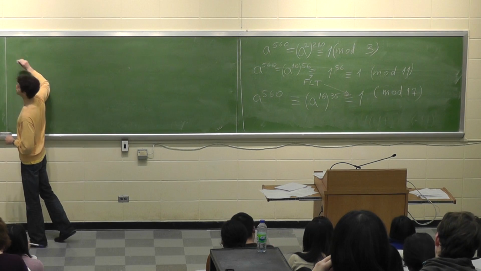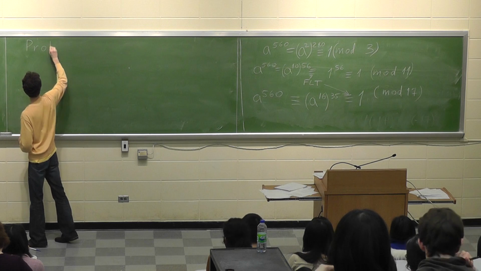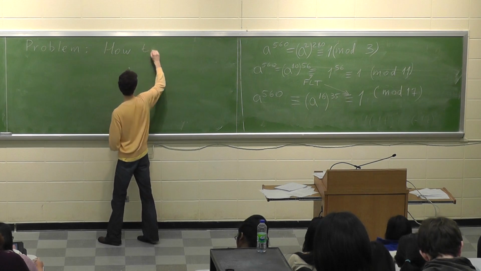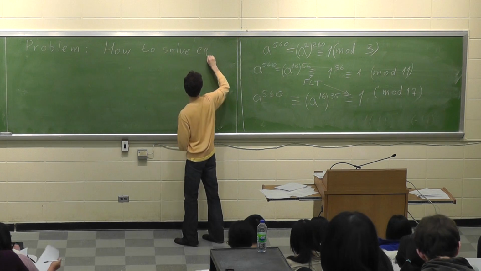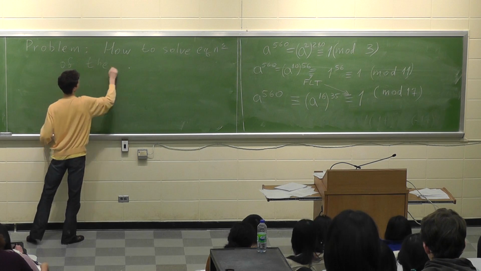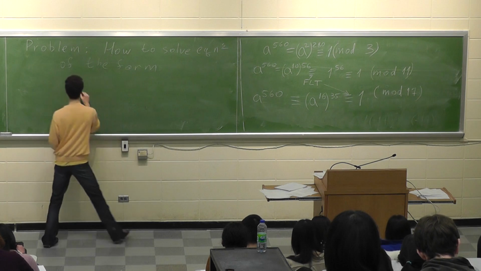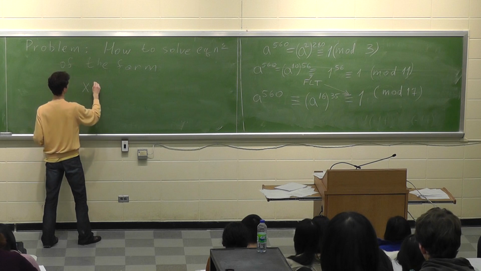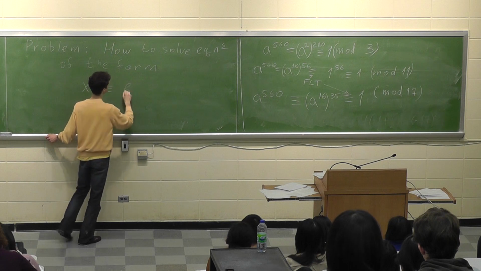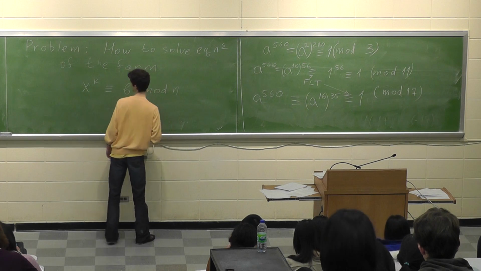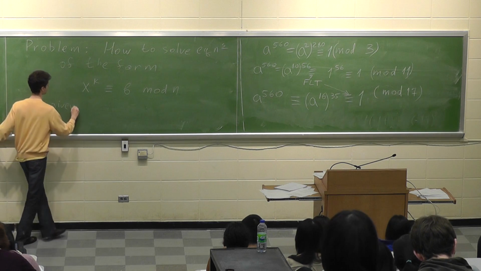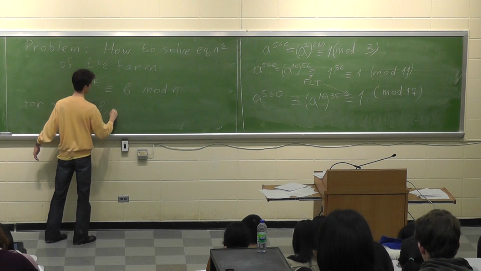So the next thing we are going to discuss is the problem of how to solve equations of the form x to some power k is congruent to b modulo n, for given k, b, and n.